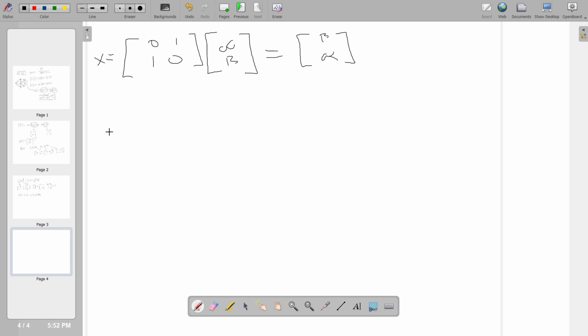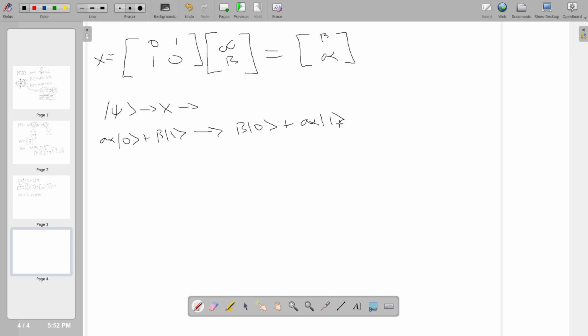So that means that the X gate applied on a wave function transforms this wave function from this into this. So what does that mean in an intuitive sense?